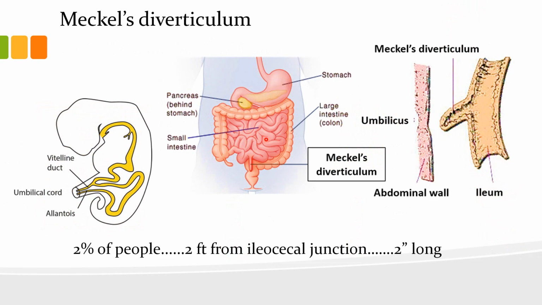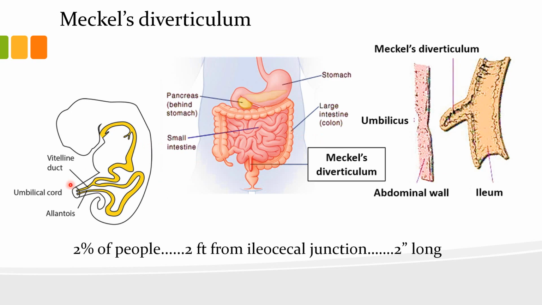One of the common abnormalities or diseases of the small intestine is known as Meckel's diverticulum. The word diverticulum means a blind tube arising from another tube or another cavity. Where does this diverticulum come from? It occurs in the ileum.